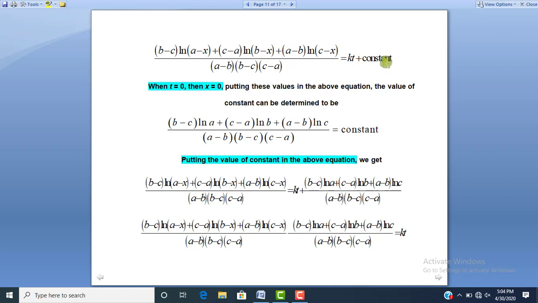Dear students, to find the value of this constant, we will apply the initial condition: when time is equal to 0 seconds, then product concentration x will also be equal to 0.